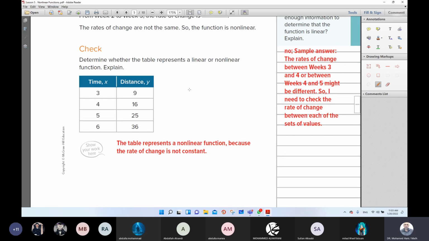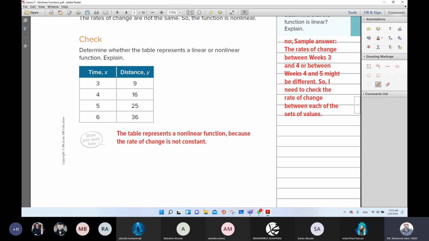Explain. Here we have the first column, time, represent x, and here distance represent y. And here we have 3, 4, 5, 6, means you can know here the constant +1, +1, +1, +1. But here, from 9 to 16, you can add 7.